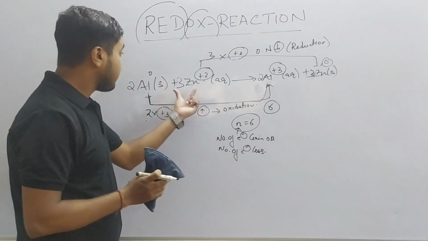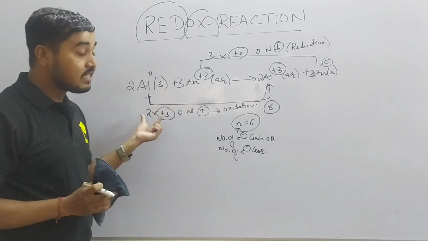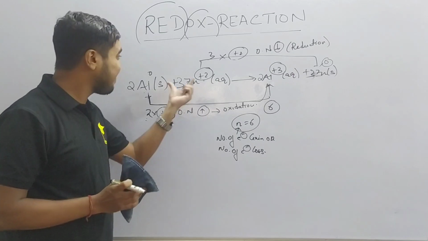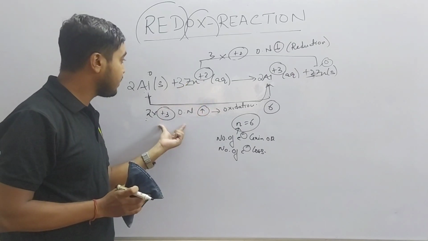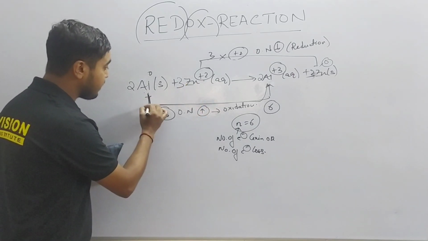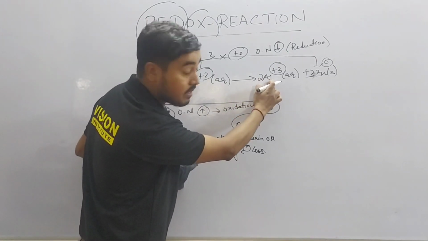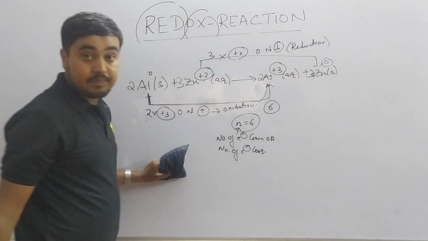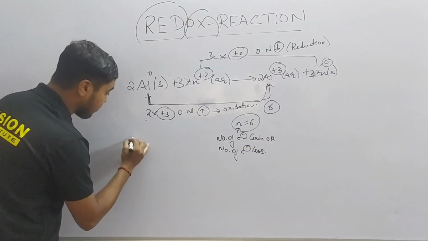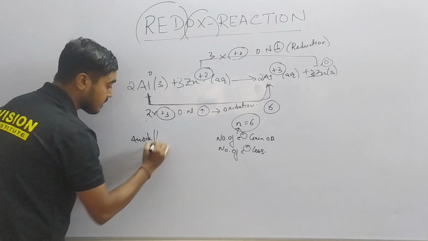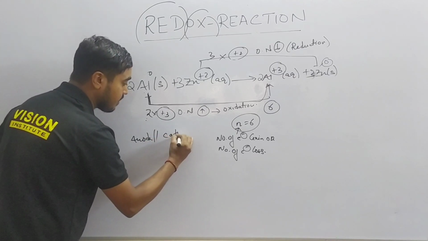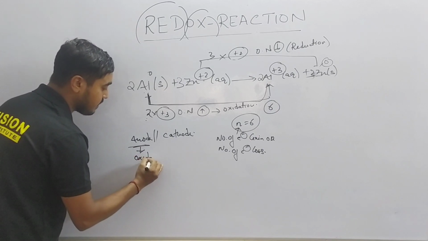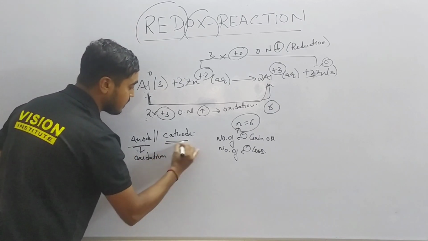Now students, if I have to write the cell representation of this particular reaction, how can we do it? Since aluminium is oxidized to Al3+ and Zn2+ is reduced to Zn, I can say anode, slash, cathode. Anode means oxidation, and cathode means reduction.